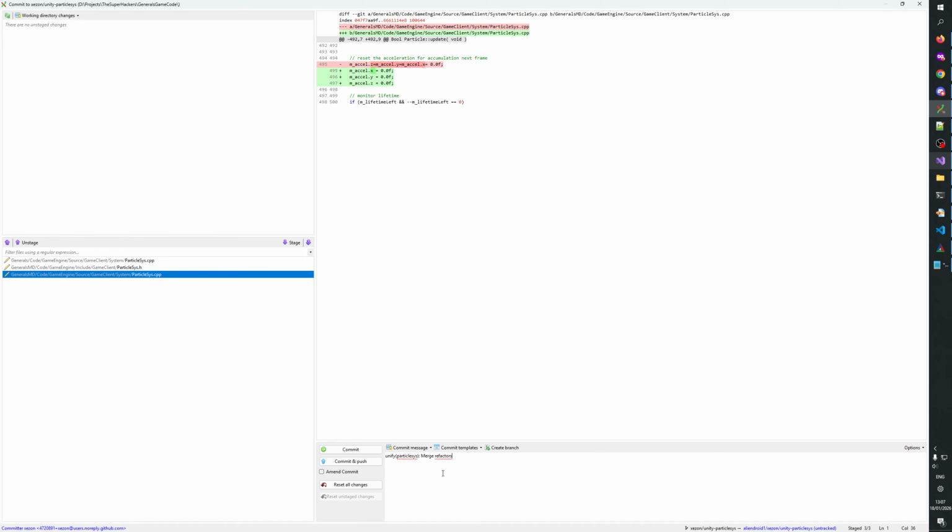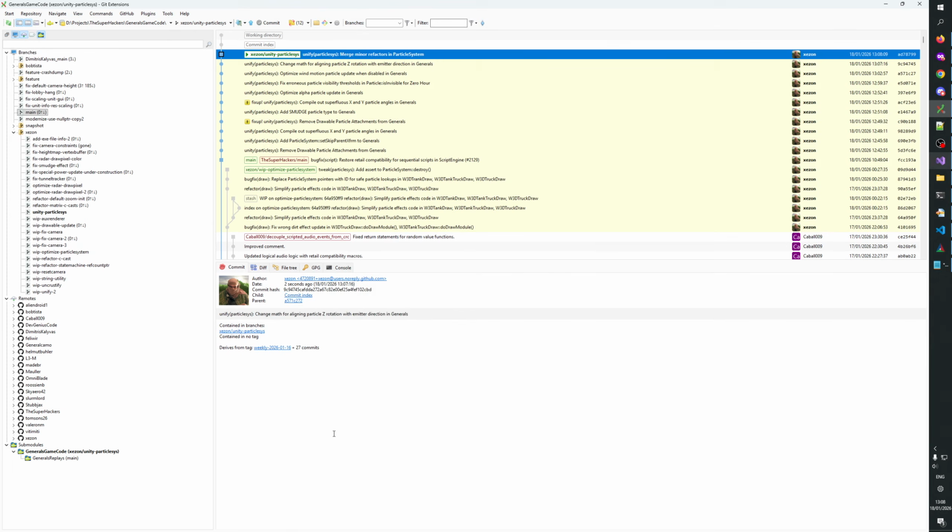Match reflectors ParticleSystem. Okay, I think that's it.